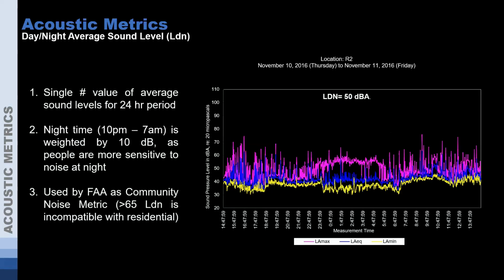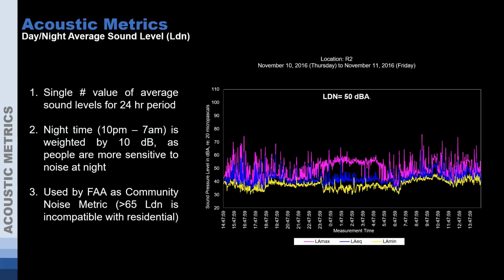If any of you have worked around an airport, you'll probably be familiar with, or at least have heard about, an LDN, or average day-night sound level. If you get contour maps from the airports, that's what they tend to mark for all of those different levels.